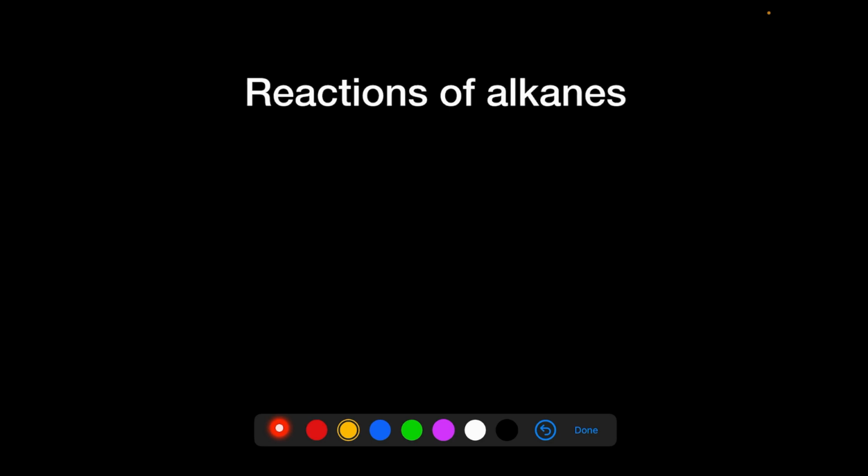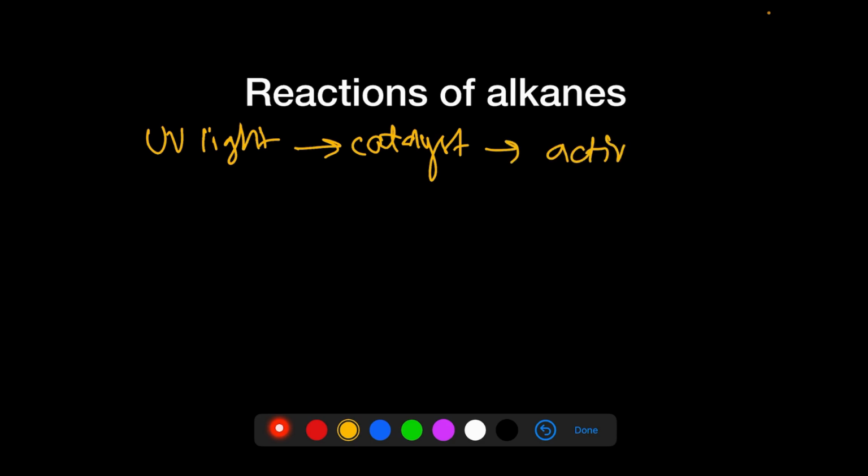Now we move on to the reactions of alkanes. Alkanes react with chlorine in the presence of ultraviolet light. UV light is used as a catalyst. It provides activation energy. And this reaction is known as photochemical substitution.